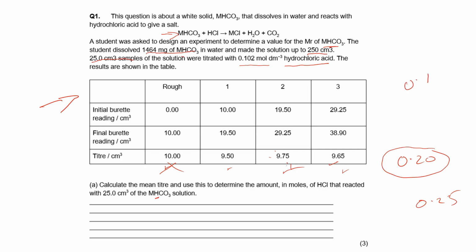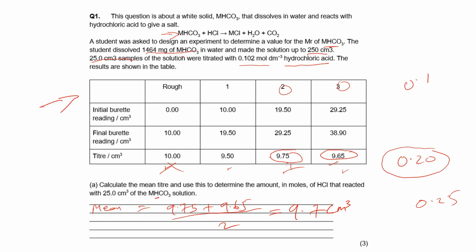Okay, so we're going to use the values of 2 and 3, which is 9.75 and 9.65. So our mean titer value will be equal to 9.75 plus 9.65 divided by 2, and that should give us 9.7 cm cube. Okay, I hope that makes sense.